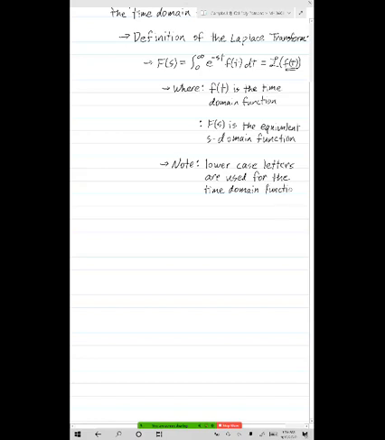So that's in the time domain, and of course the capital letters are used to represent the transformed function, to denote the S domain function.